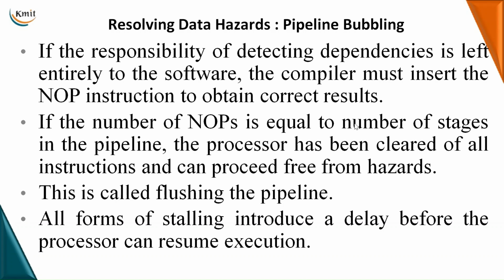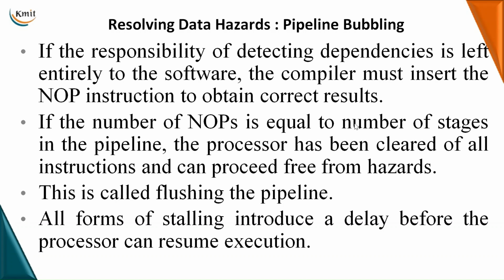For example, if you divide your pipeline into four stages: fetch, decode, execute and write back, then it is a 4-stage pipeline. So you can place at most 4 NOP instructions between 2 dependent instructions in the pipeline. If the number of NOP instructions is greater than 4, then you have to clear off all the instructions from the pipeline, and we call it flushing the pipeline. So you have to completely flush the pipeline and start from the starting of the pipeline. All forms of stalling introduce a delay.